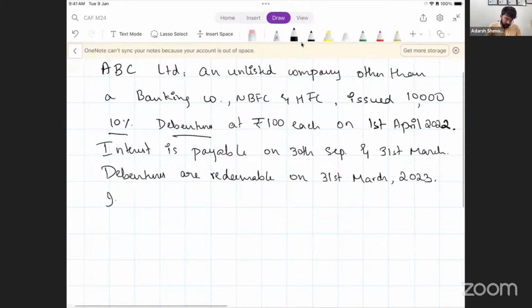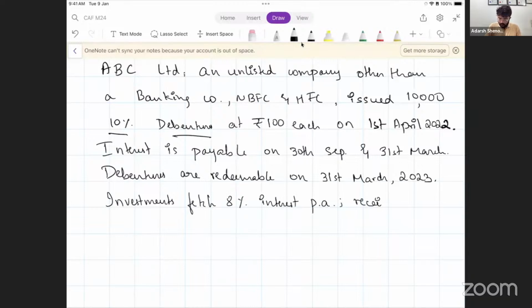Investments fetch 8% interest per annum, receivable annually on 31st March. So this is on the investments.